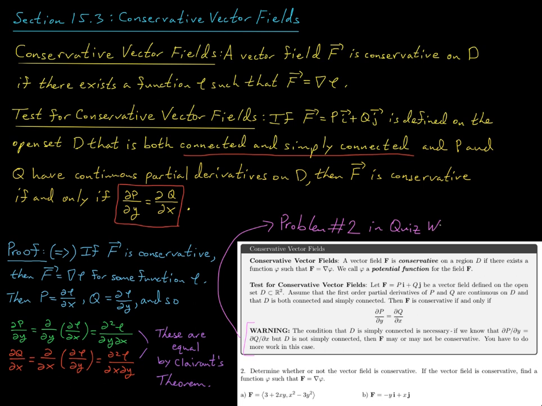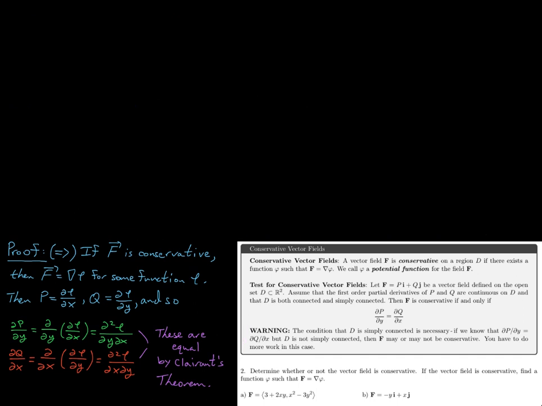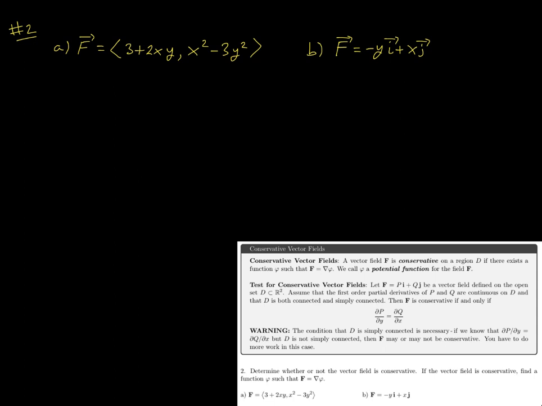It deals with this particular issue where you're working over a domain that's not simply connected, but this derivative condition still holds. Can you say whether or not the given vector field is conservative? Well, in some instances, yes. In some instances, no. Again, you have to do more work.